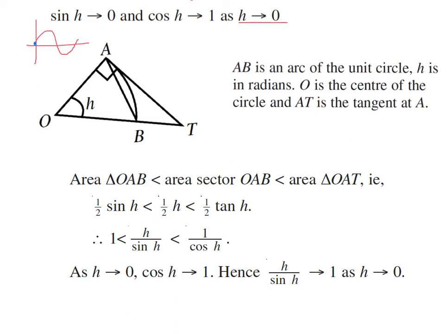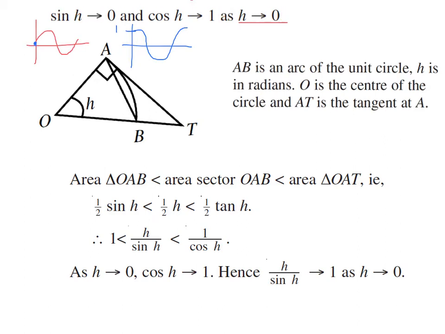Okay, on the cosine curve, however, changing colours, you can see that as h approaches 0, so as x approaches 0, so we're going this way here, cos x is approaching 1, because you know the amplitude there is 1. So that's an important concept to know.